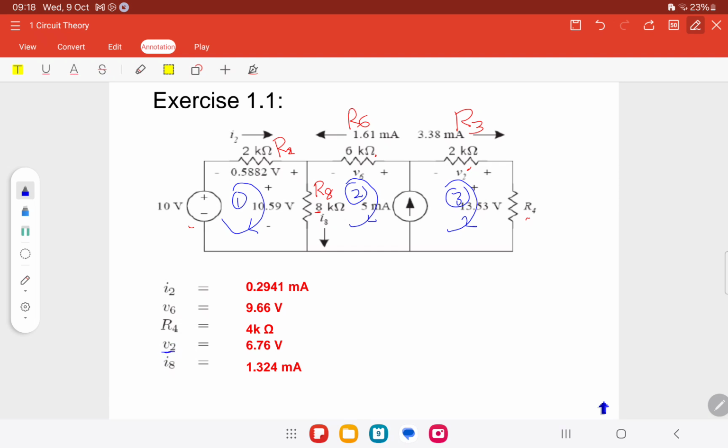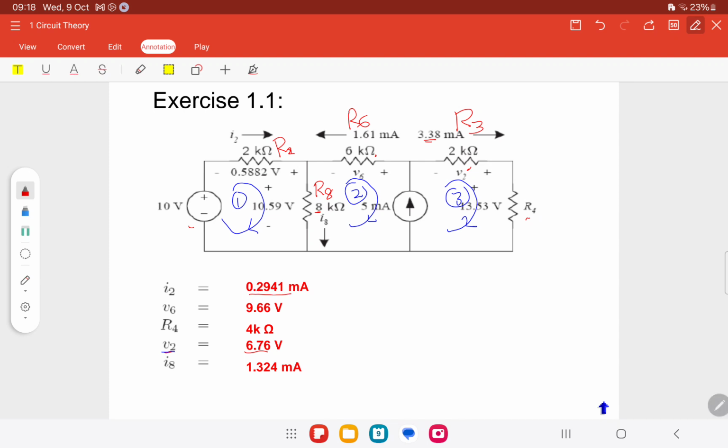Because it is given the voltage kan? Dapat tak? 3.38 mili darab 2K. Dapat tak this value? V2. Tengoklah antara all this I2, V6, R4, yang mana dah boleh kira terus? I2.